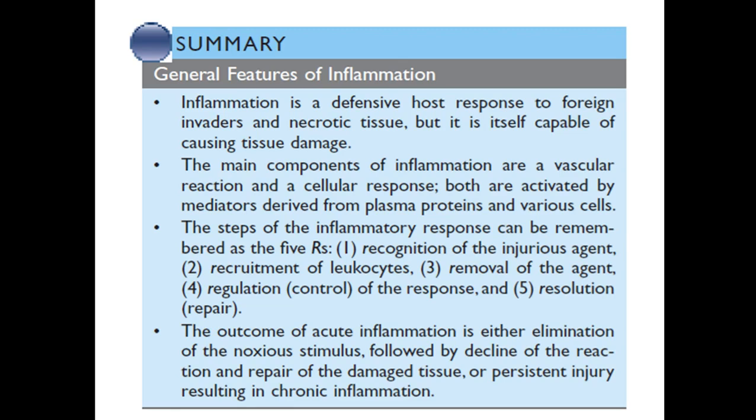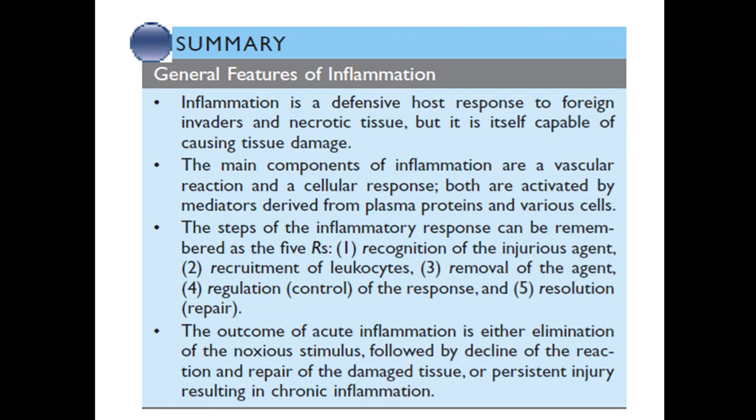And these plasma derived factors and cell derived factors make up the chemical mediators of inflammation, and these are the players of the match.